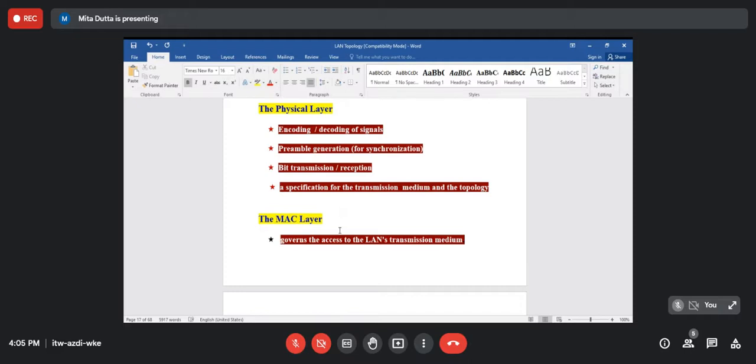And FDDI LAN also uses a token ring protocol, but that protocol is slightly different from the actual token ring protocol used by ring topology. That network we call FDDI LAN, the Fiber Distributed Data Interface network, because that network is made up only of optical fiber.